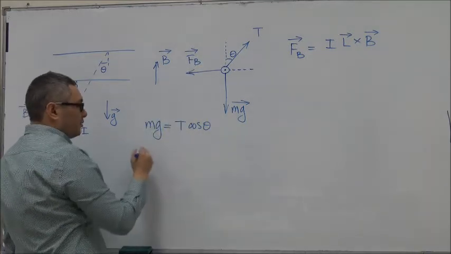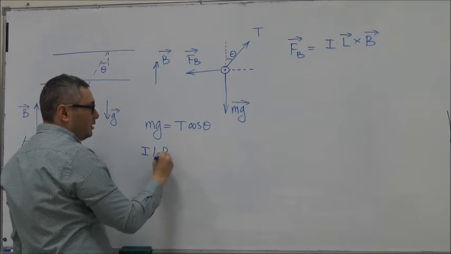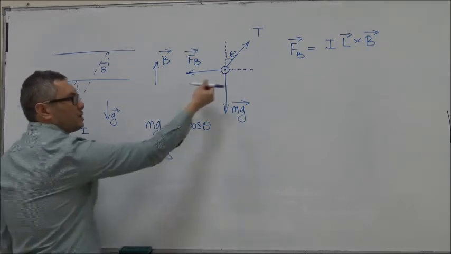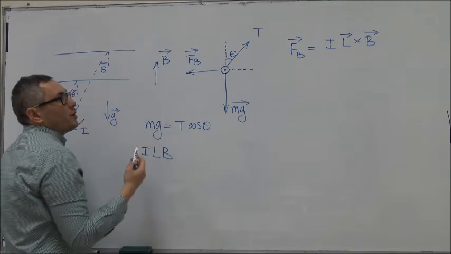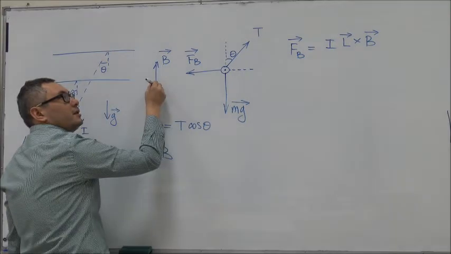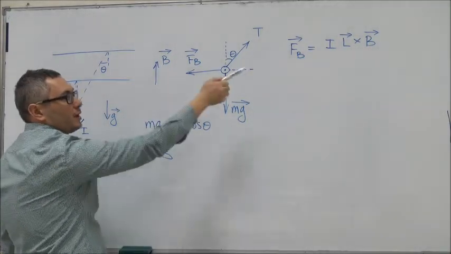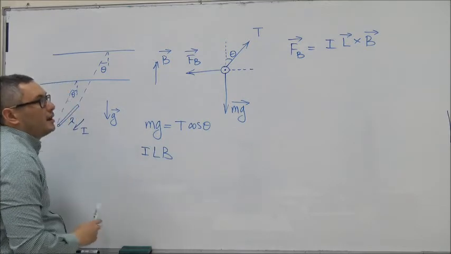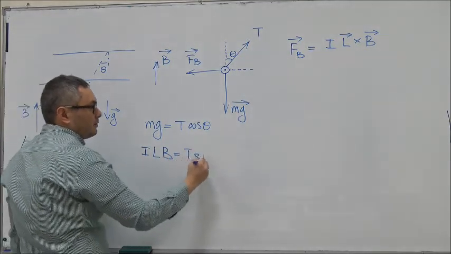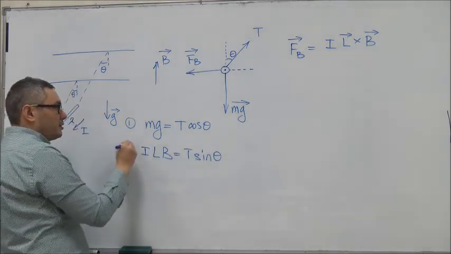So FB is equal to ILB, and I got rid of the vector sign here because we know that it's pointing this way, and we also know that L vector is perpendicular to the B vector. So sine of 90 gives us 1, so we can get rid of the vector signs and just say ILB. This is then equal to T sine theta. Let's say this is equation 1 and this is 2.